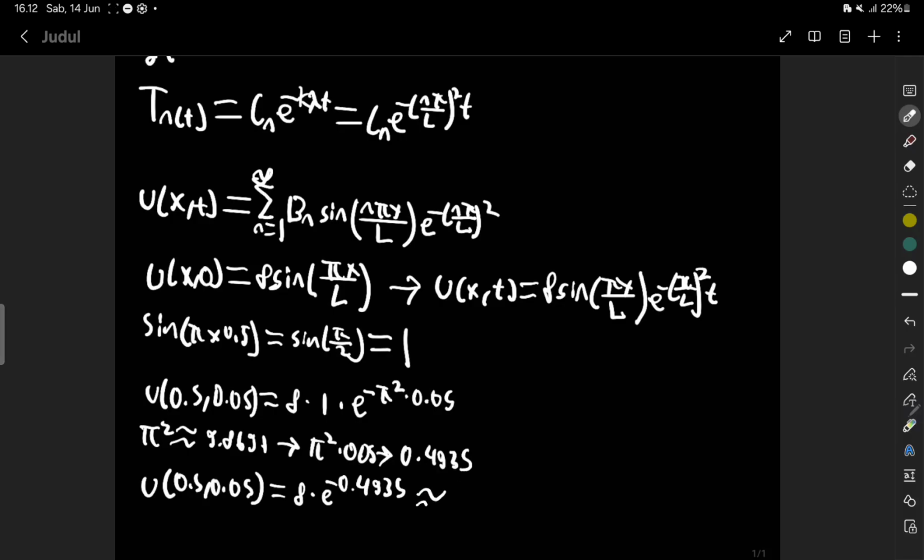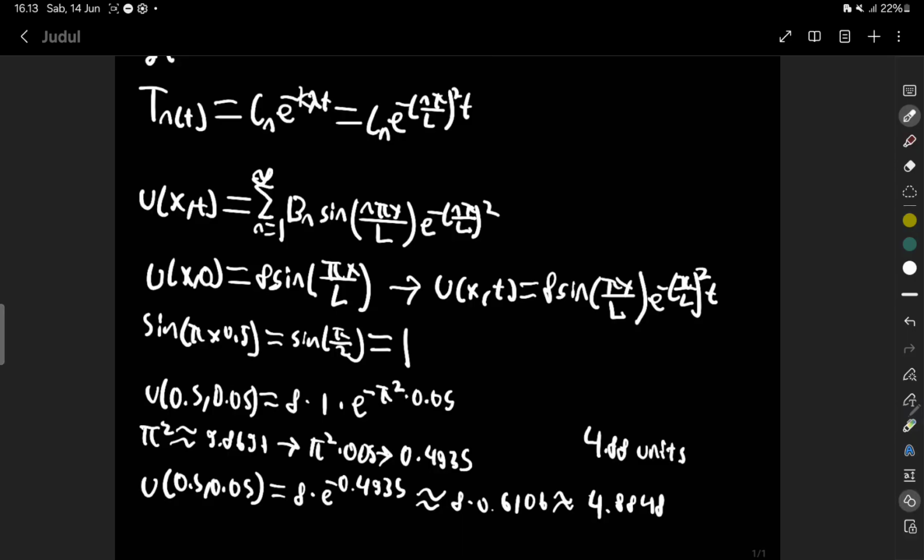That roughly becomes 8 times 0.6106, and right about 4.8848. So the temperature is about 4.88 units.